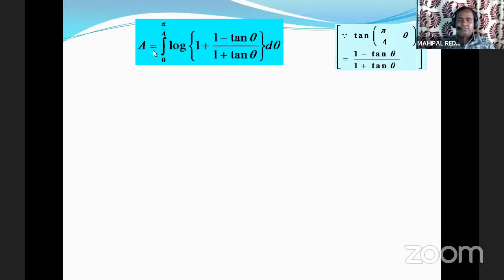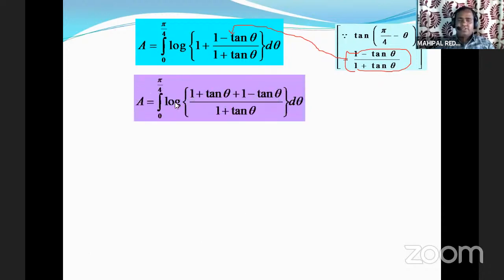Therefore, A equals integration 0 to pi by 4 log of 1 plus the value of tan of pi by 4 minus theta, which is 1 minus tan theta by 1 plus tan theta.